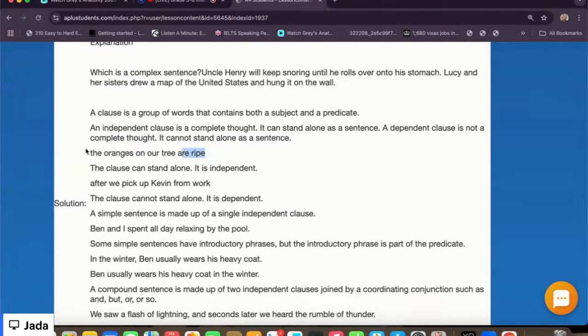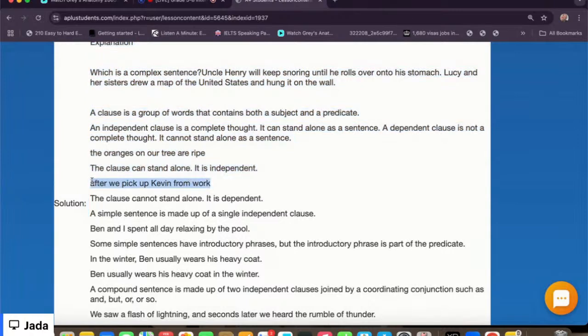So we have some examples here. The first one is: the oranges on our tree are ripe. Now, when we say the oranges on our tree are ripe, it is a clause that can stand alone because it is independent. We have the subject and we have the verb. So it's a complete sentence. Then we also have: after we pick up Kelvin from work.